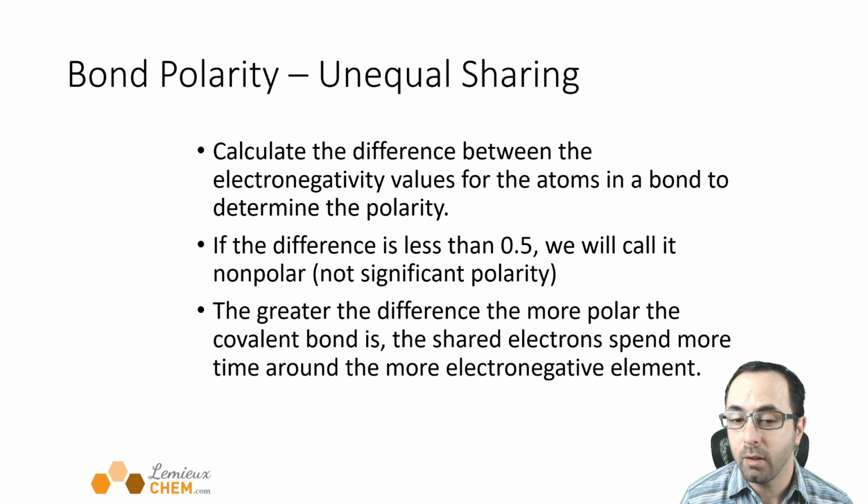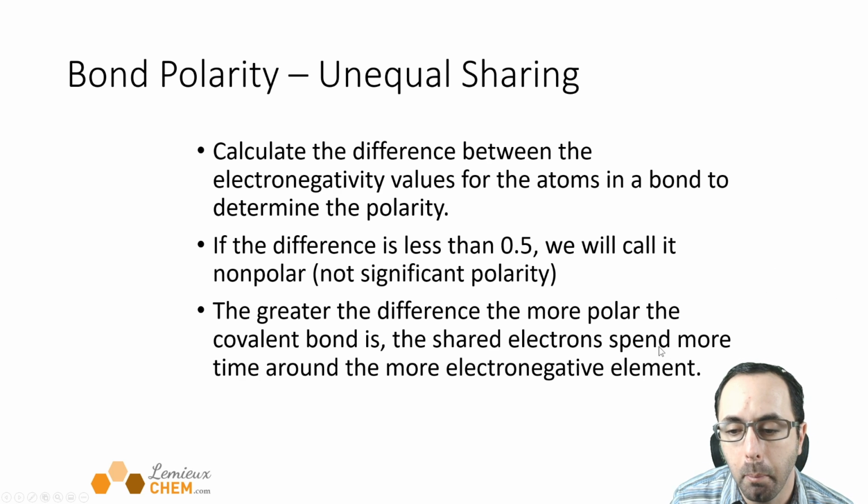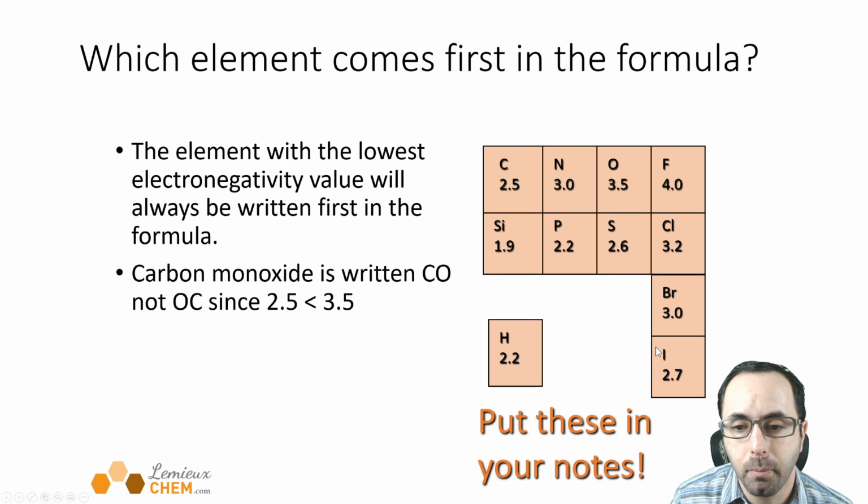The greater the difference in the electronegativities, the more polar the bond is. And then if we have polar bonds arranged in a particular geometry in a molecule, we can end up with a molecule overall that's polar. But again, we're going to move on to polar molecules next week.